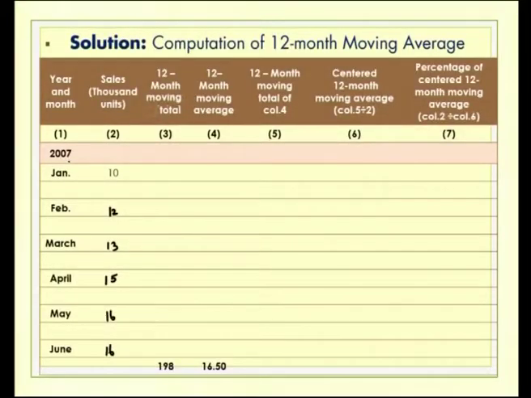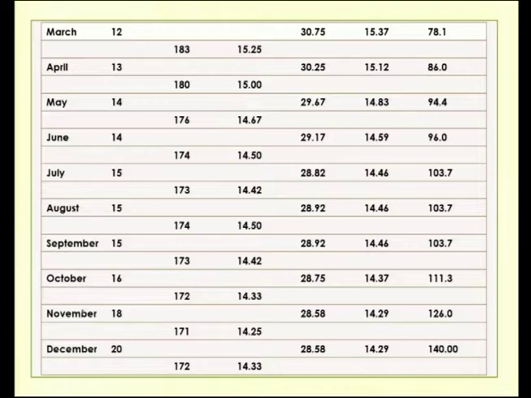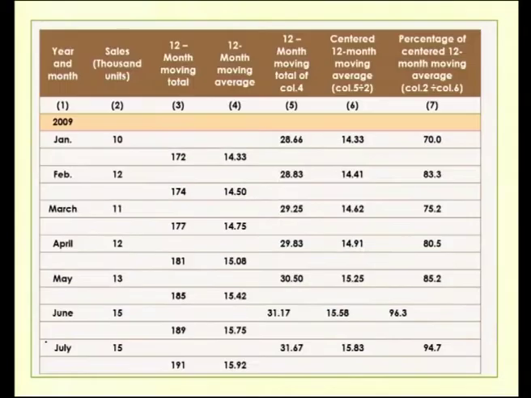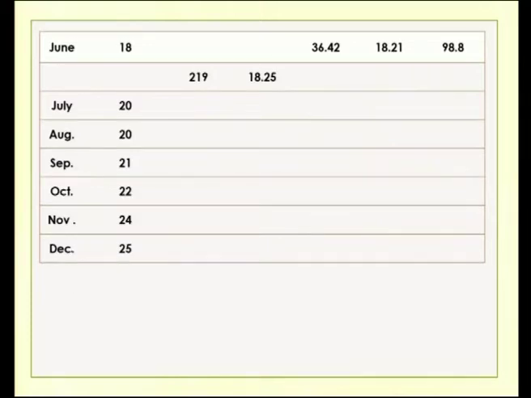Now, first of all, for computation of 12-month moving averages, just write down the values vertically like this. Starting from 2007, January, February, March, April, May, June to December, and then starting from 2008, January, February to December, then starting from 2009, January to December, and starting from 2010, January to December.